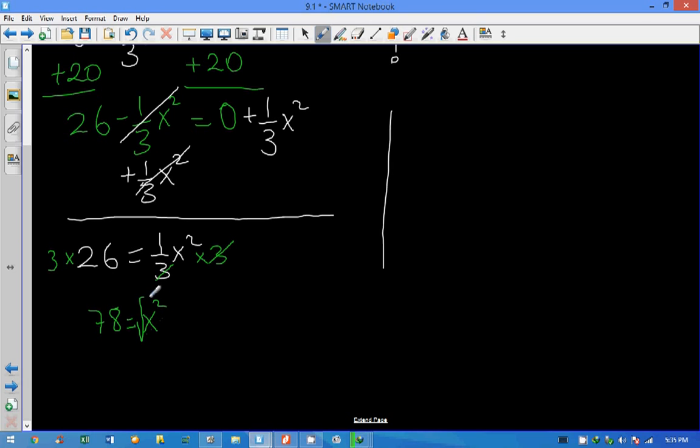So let's take the root on both sides, and x is equal to root 78. Root 78 is going to be approximately, let's check it out, 8.83.